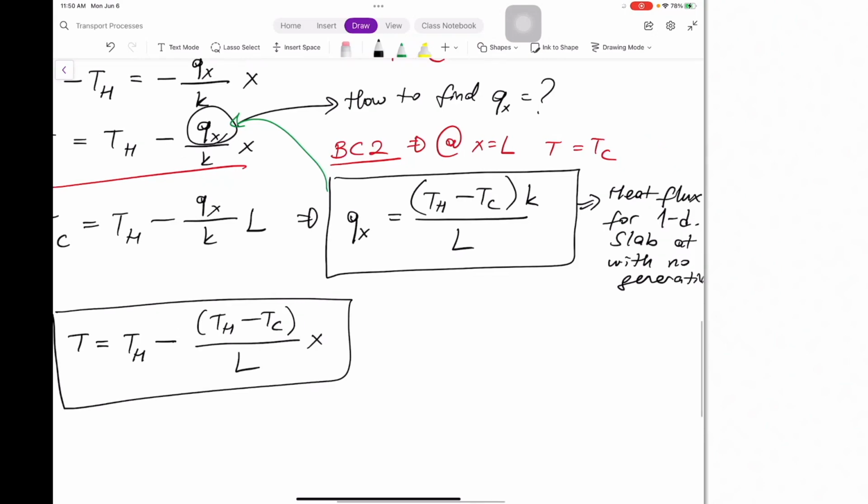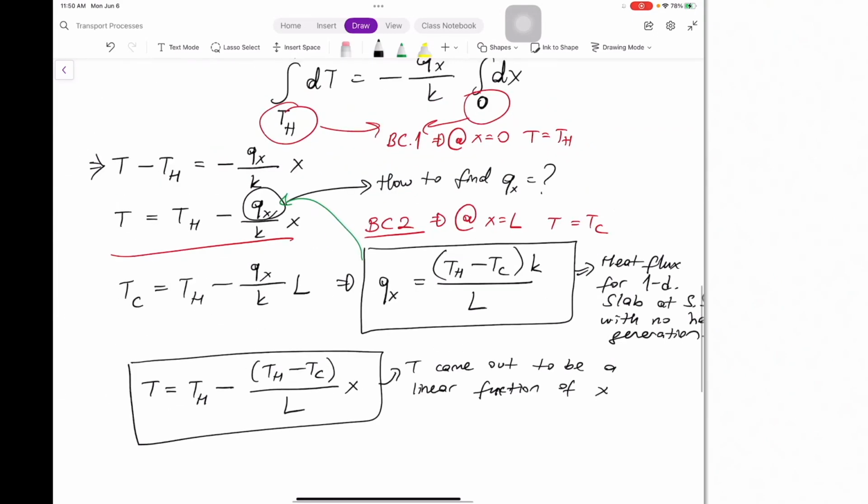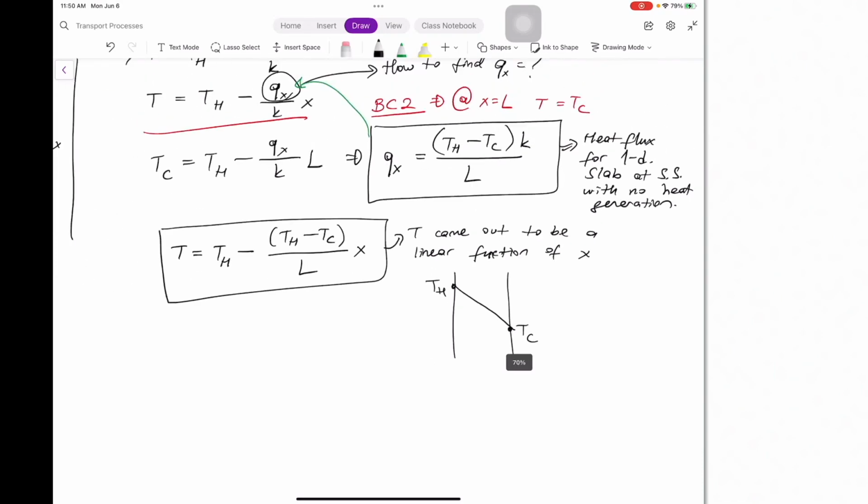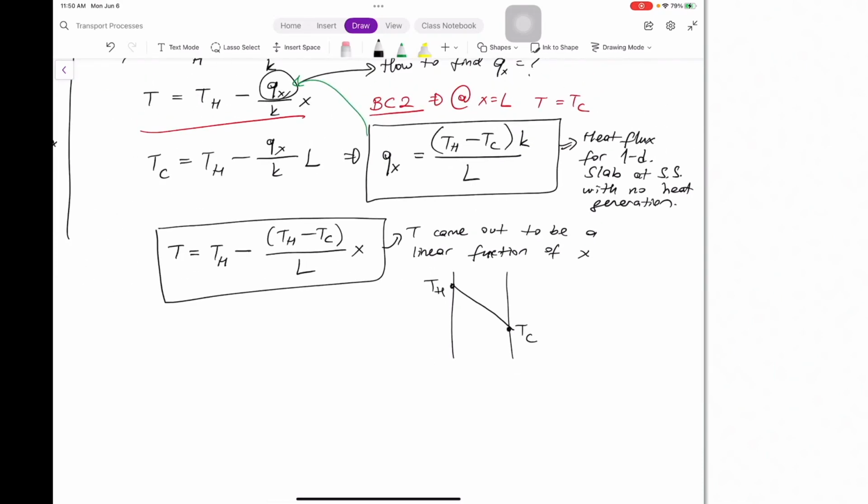It comes out that T is a linear function of x. So the temperature profile should look like this: T hot, a straight line, T cold. Okay. Can everybody hear me? Yes, Professor. Okay, great.